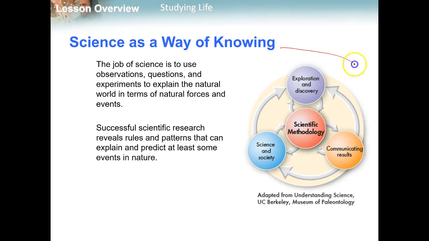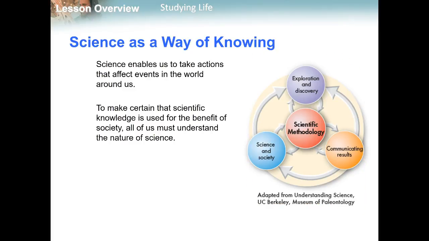So this whole connection that we talked about earlier, that's what science is going to do. It's going to keep us connected and understanding. We're going to be able to take actions that affect events in the world around us. We're going to be able to make predictions from that. We're going to be able to use the science to benefit society and understand nature and the nature of science.